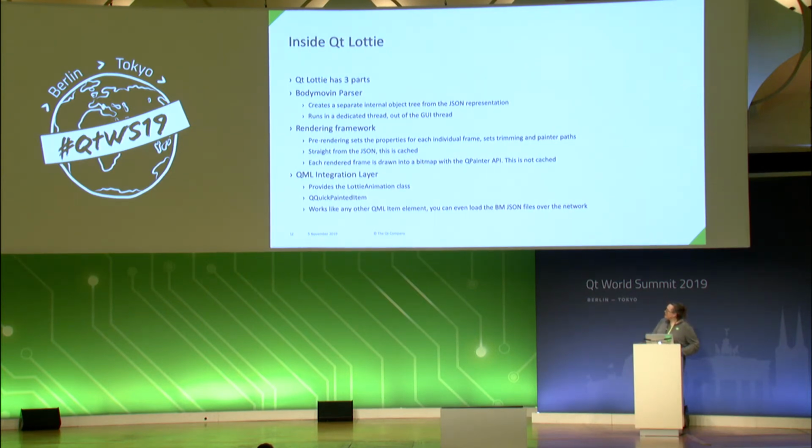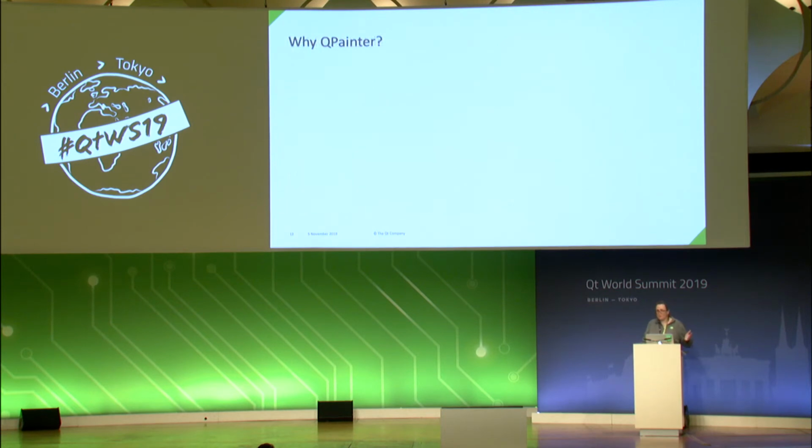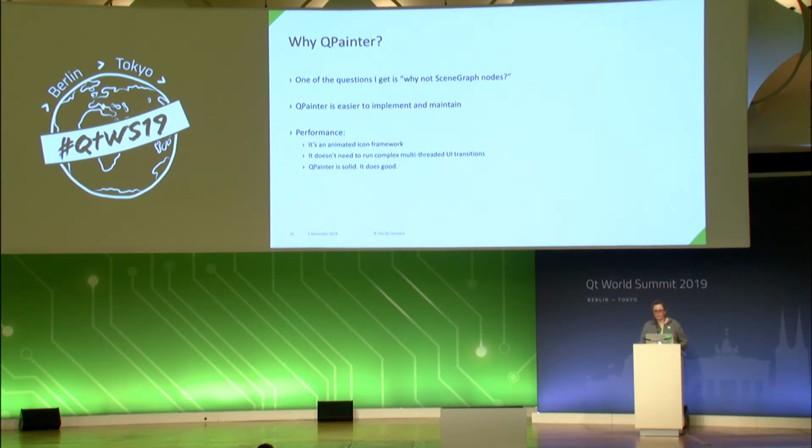One of the common questions I get is, why are we using QPainter? Why do we not use a scene graph node? The reason is that QPainter is a lot simpler and easier to implement. It would have taken a lot longer and cost a lot more to implement them all as scene graph nodes. We did try, it didn't go well. But in terms of performance, we found QPainter is more than enough for an animated icon framework.